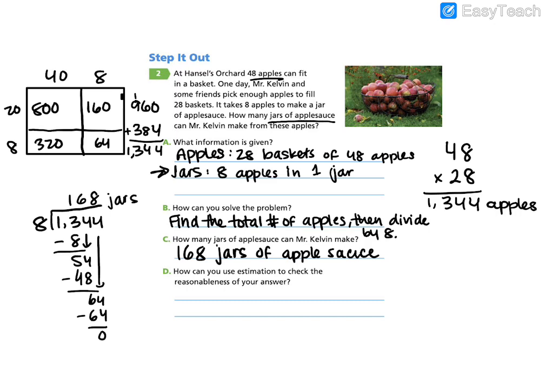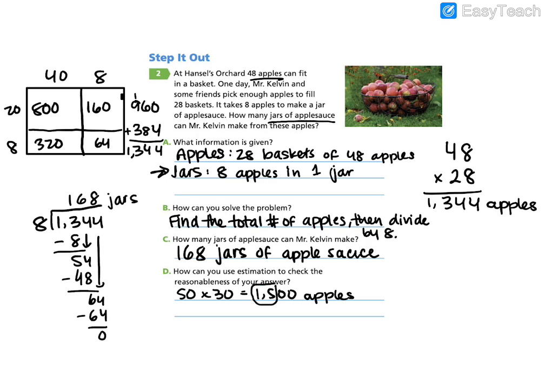So how can we use estimation to check the reasonableness of our answer? Well, we could do 50 times 30, which will give us 1,500 apples. Do you see a simple multiple of 8 here? No, but I know it's really close.